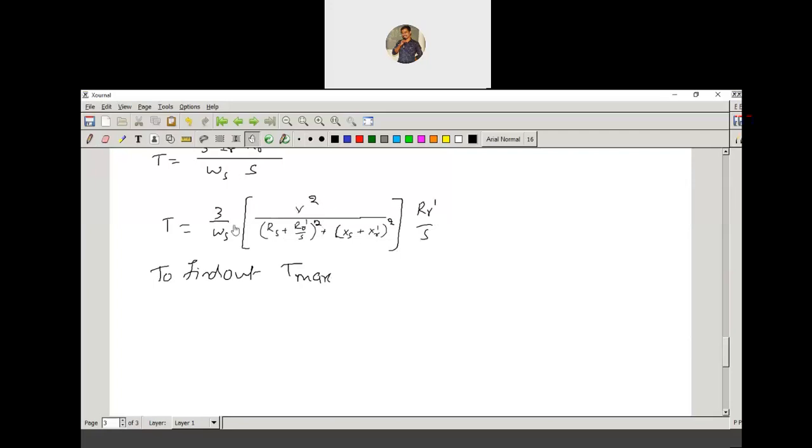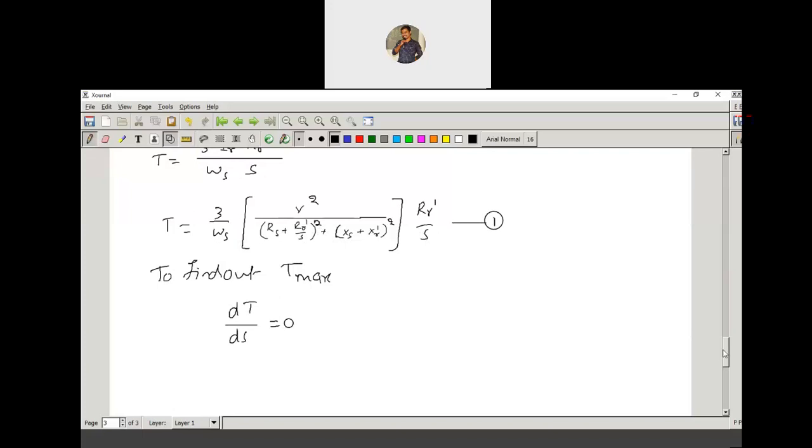Also this omega s is the synchronous speed, the speed of the rotating magnetic field, and this is a parameter. If your machine is designed, it's going to be constant. So the only thing we can vary is slip. You can find out the maximum torque by differentiating equation 1 with respect to the slip, that is dT by ds equal to 0.